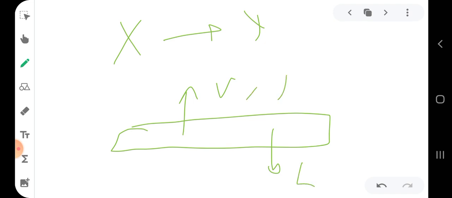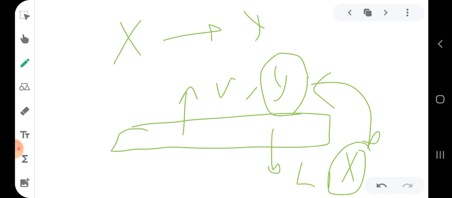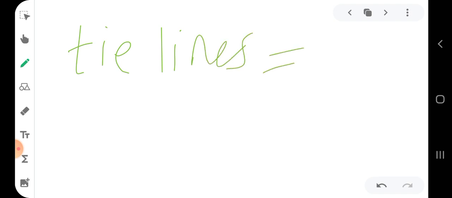This vapor with composition Y, this liquid with composition X. So the relation between this X and Y is represented by one tie line. So the number of tie lines would be equal to the number of stages.